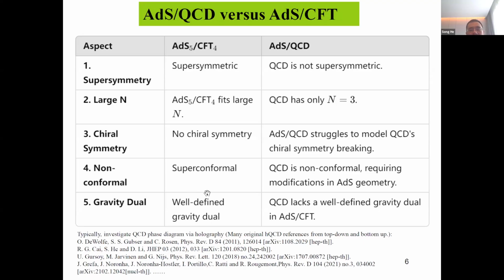But for QCD, some 10, 15 or 20 years ago, people tried to build bottom-up and top-down models to mimic QCD properties.